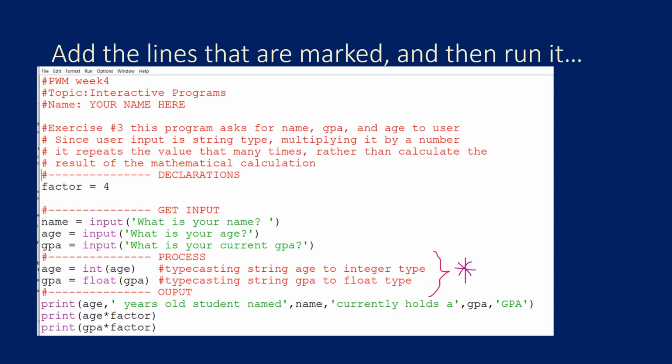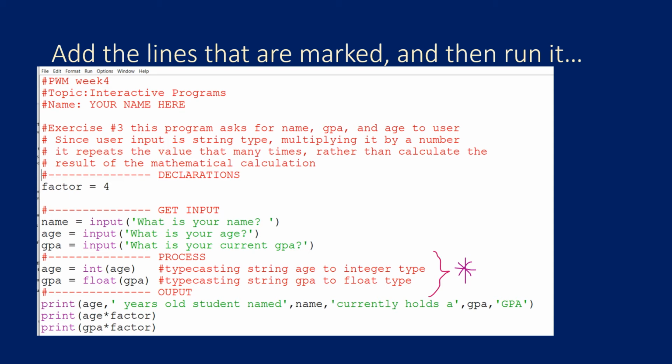And then in the next line, we're converting the input from the user to a float. So the GPA is going to receive the conversion to a float of the inputted GPA. So we're typecasting strings, the first one to an integer type and the second one to a float type.